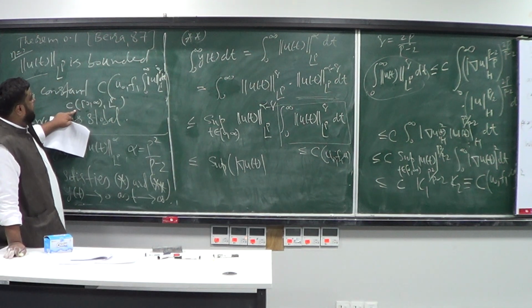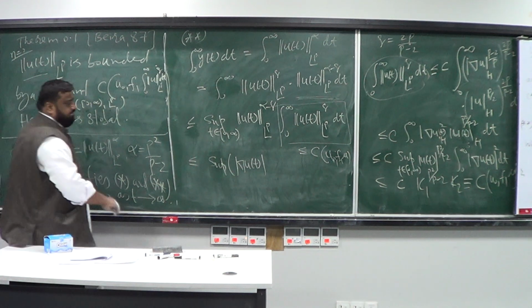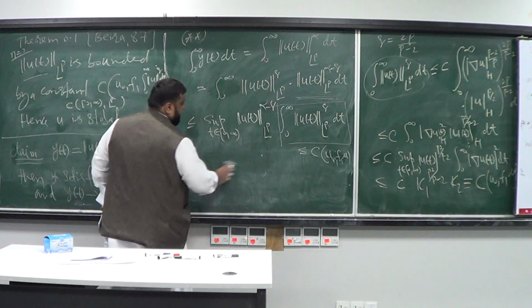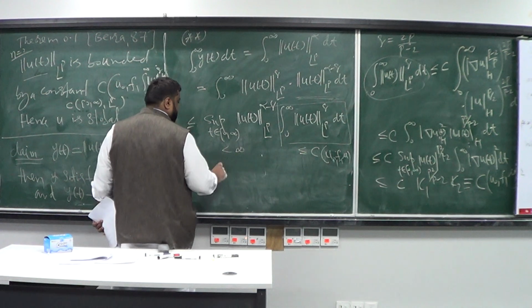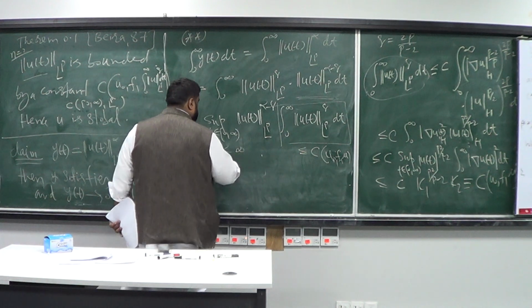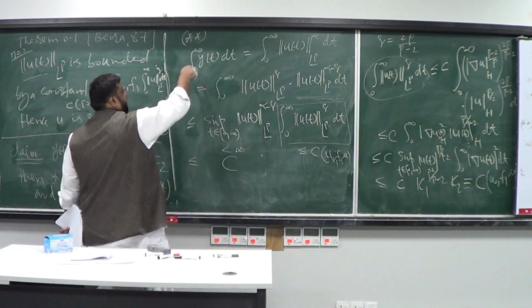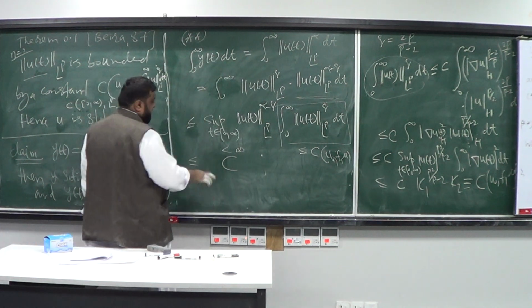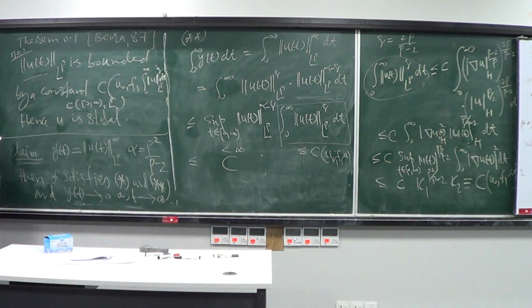The norm on C 0 to infinity LP is the supremum norm with LP, so for sure this is finite. So I can say that the integral from 0 to infinity of y of t dt is less than or equal to a fixed constant C that depends on the initial condition u naught and f.